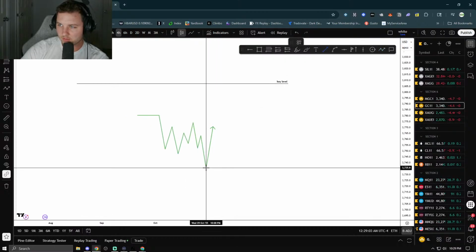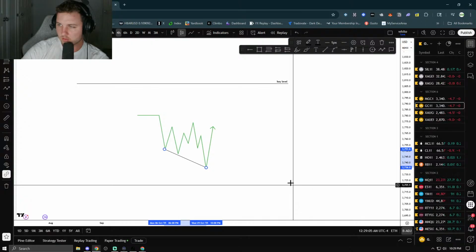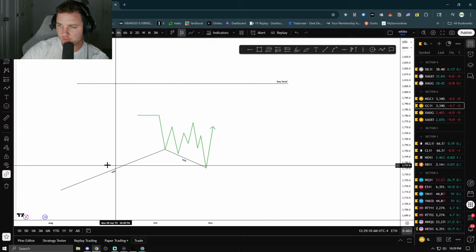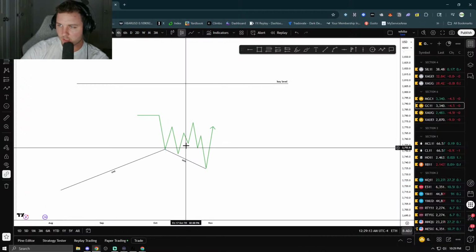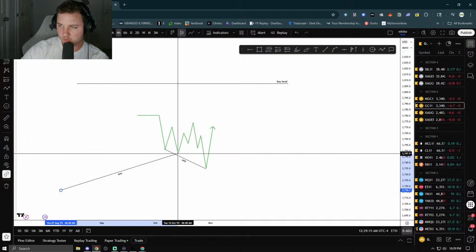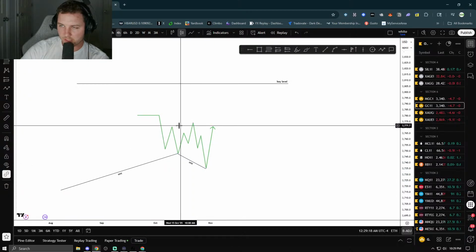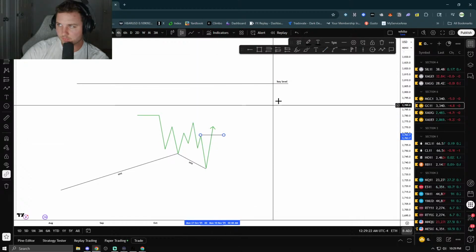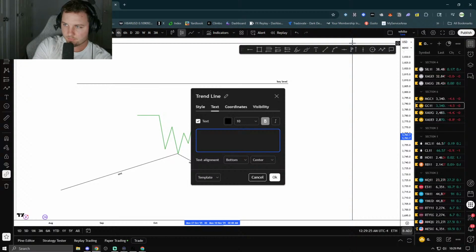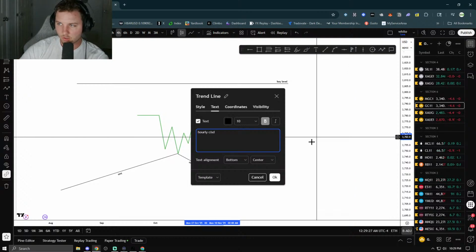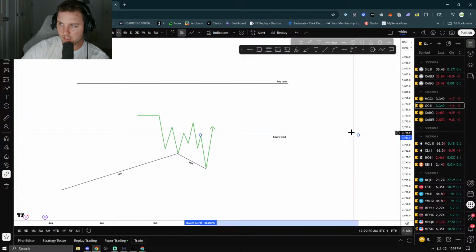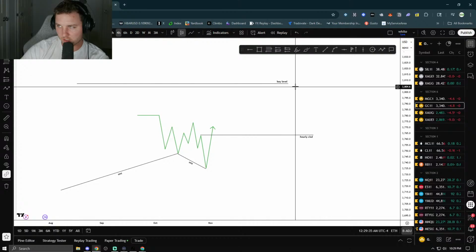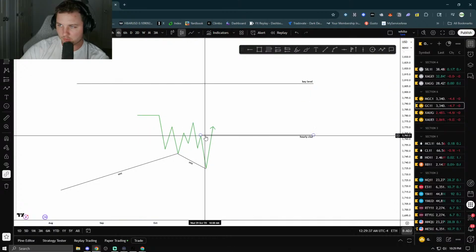So if we have our SMTs, okay? So now we're starting to confirm the low of day, right? And we have, say, our hourly CISD. So meaning higher time frame, right? However you categorize this market structure, doesn't matter.